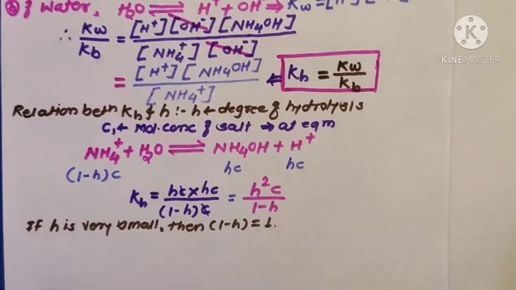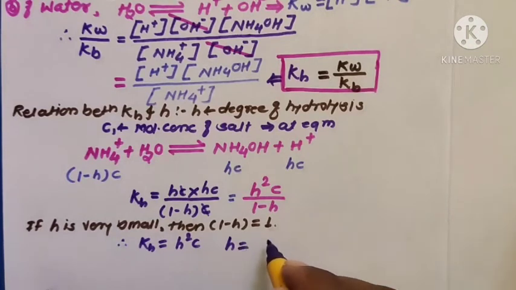Therefore Kh is equal to h square C, so h is equal to under root Kh upon C.